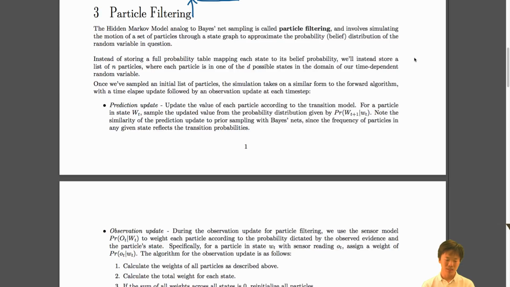So the prediction update is approximated by the transition of each individual particle, and the observation update is reflected by weighing the particles according to how much they correspond to the observation and changing the distribution that will sample the particles in the next time step.